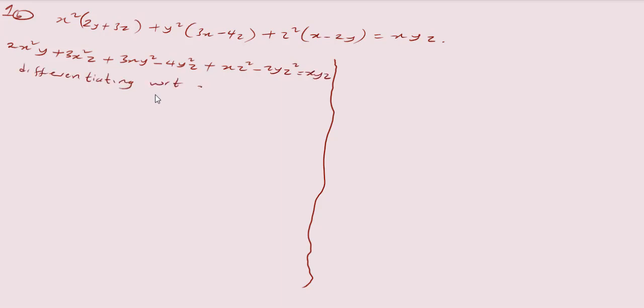Differentiating with respect to x, so I will take y to be constant, so I'm only interested in x, so that means I'm only going to be differentiating this and this. Anything different from what I have underlined will be kept as constant. So this one now, 2y is like a constant. Now differentiate x squared. The answer will be 2x plus.